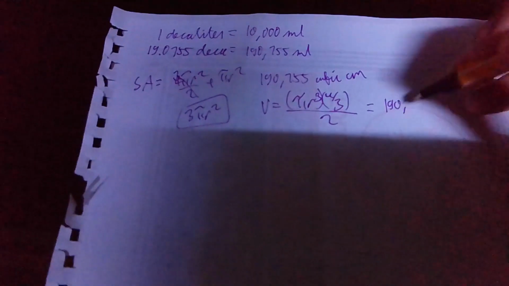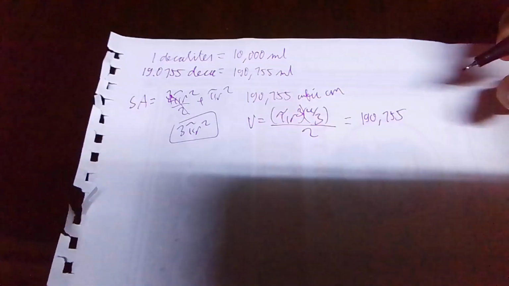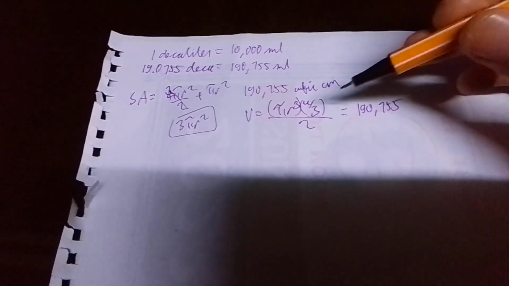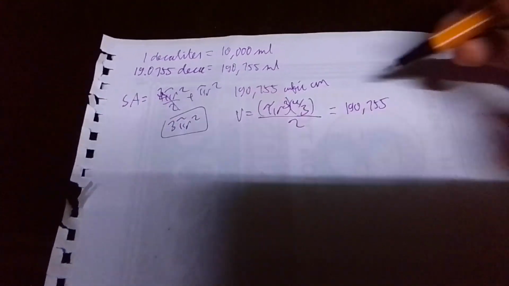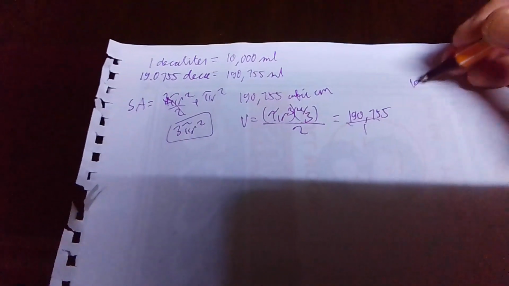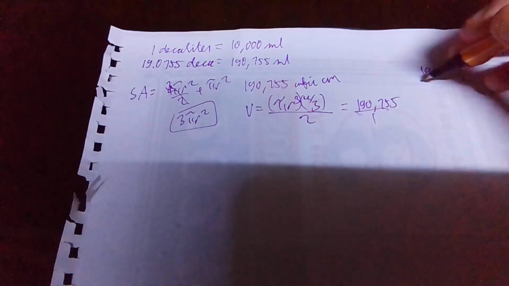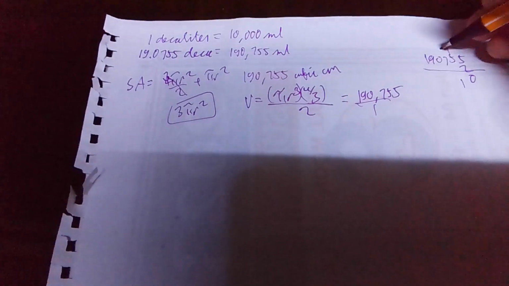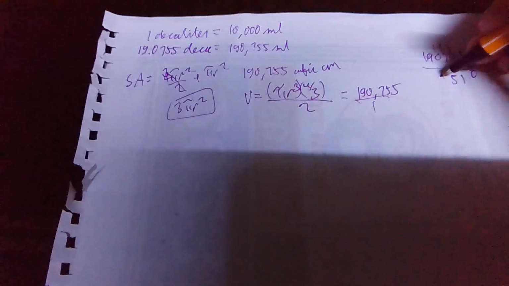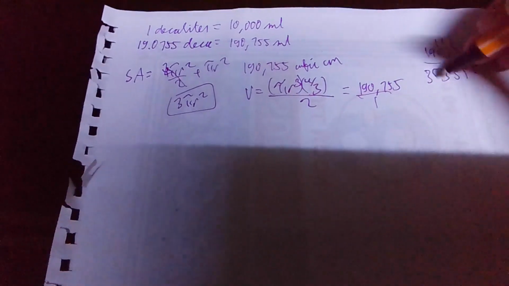So we have 190,755. That is our answer. So since we're doing algebra, what's the first thing we need to do? Remember, we can apply ratio and proportion, diba? We can just do cross multiplication. So 190,755 times 2. Tama?